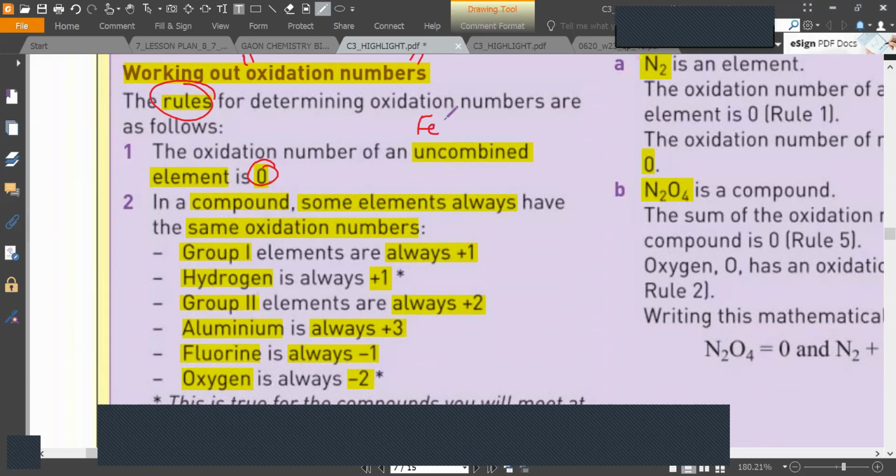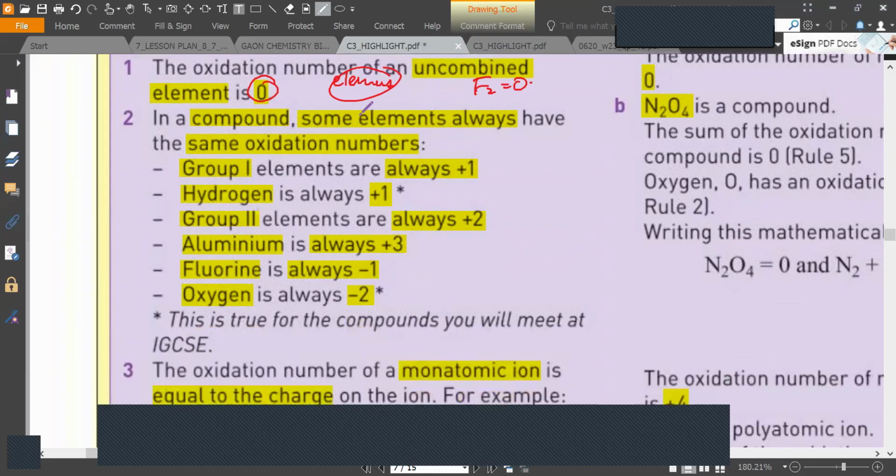So iron, the atom before a chemical reaction, is 0. Nitrogen, fluorine, neon, all elements before any chemical reaction are always 0.